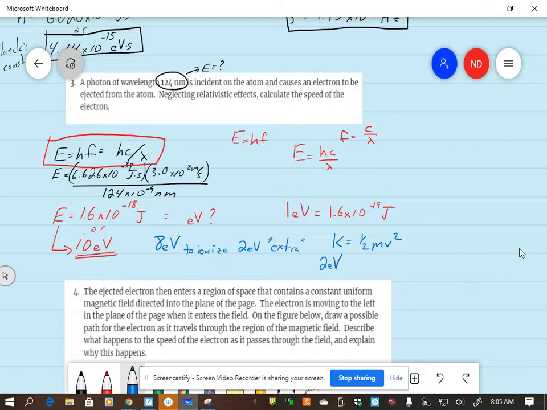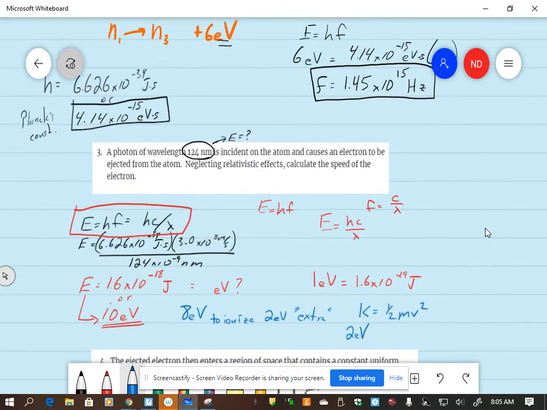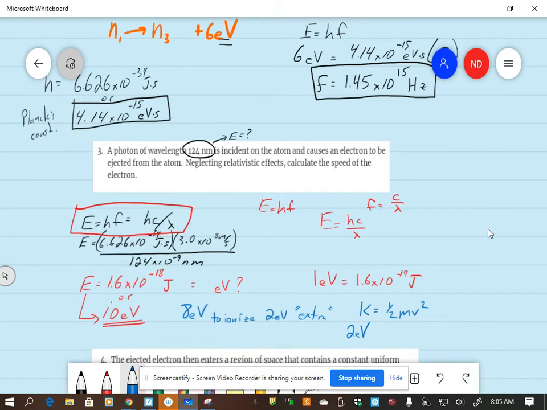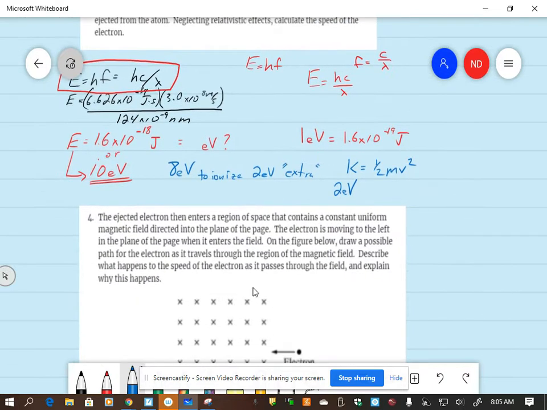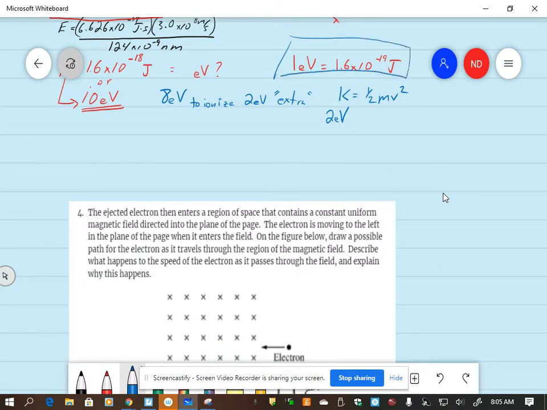Very important to remember, using this conversion, 2 electron volts is really 3.2 times 10 to the minus 19th joules equals 1/2. It's an electron, which has a mass of 9.11 times 10 to the minus 31 kilograms, v squared.